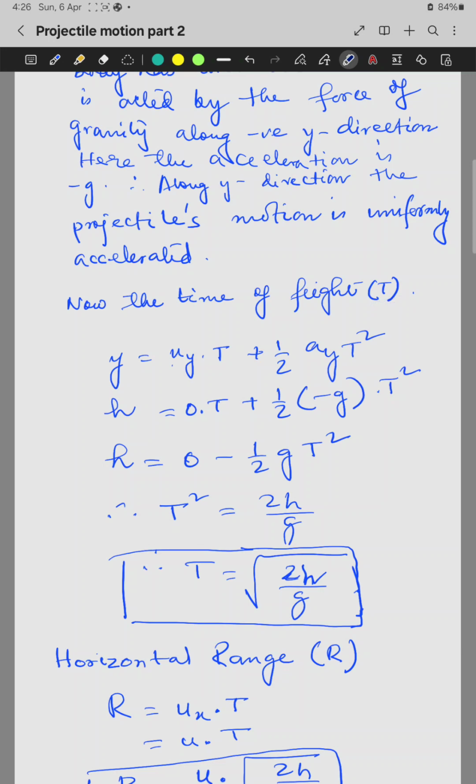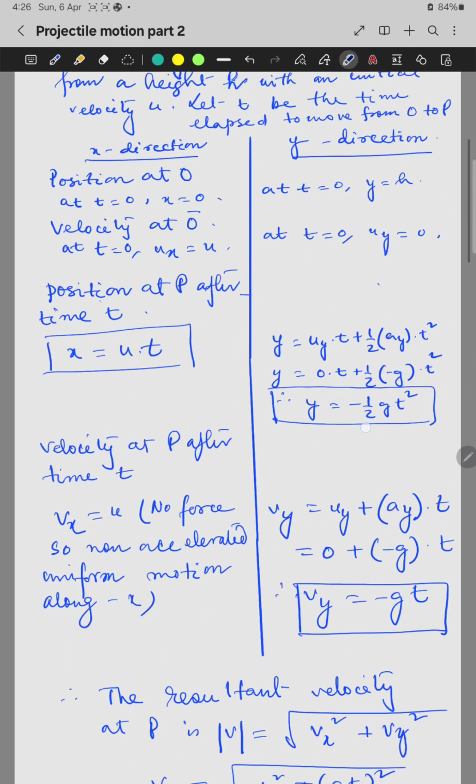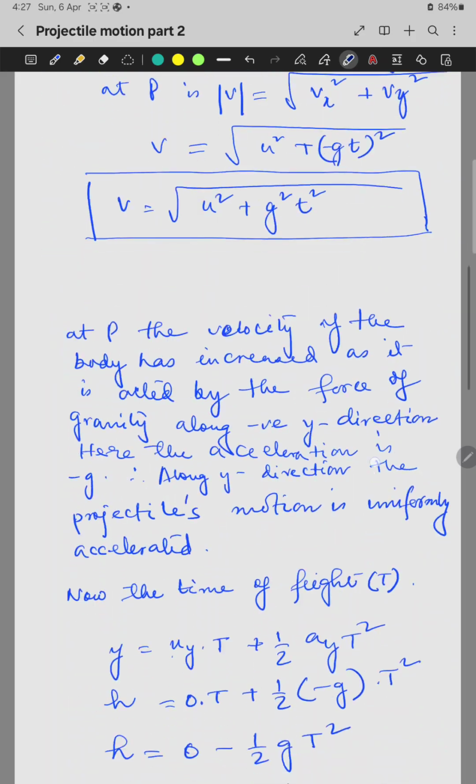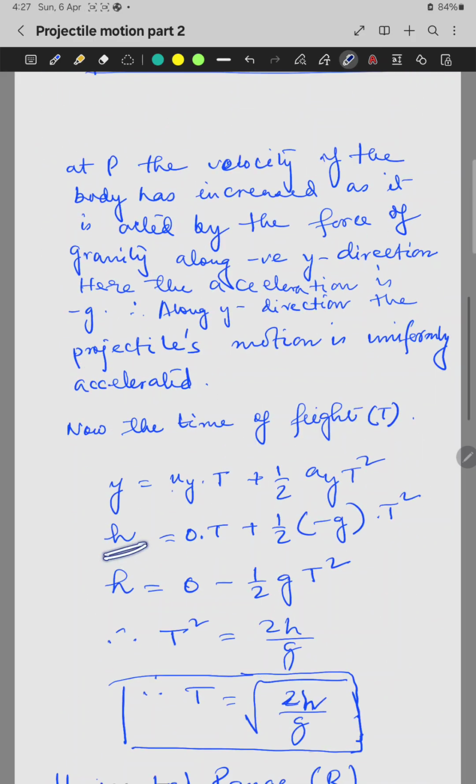We again use the second equation of motion to find the expression for T. Now, during the time interval capital T, that is the time of flight, the projectile has descended vertically through a height h. So in place of y, we can put h.